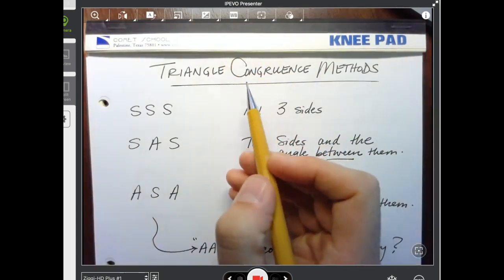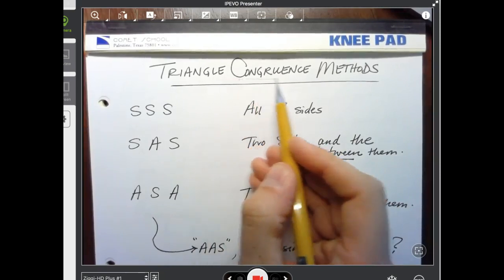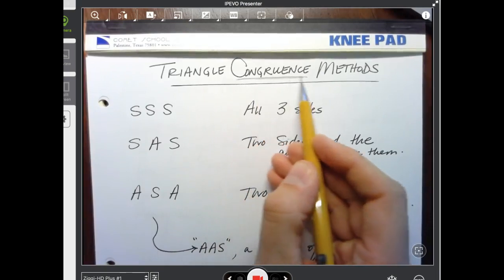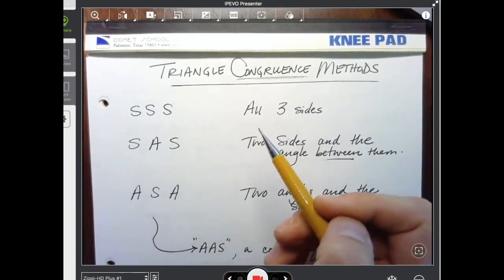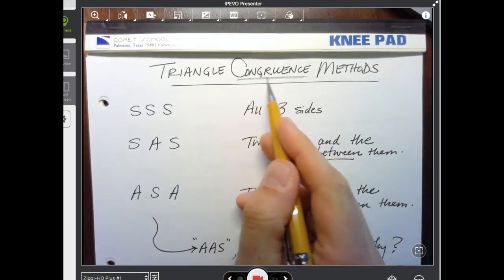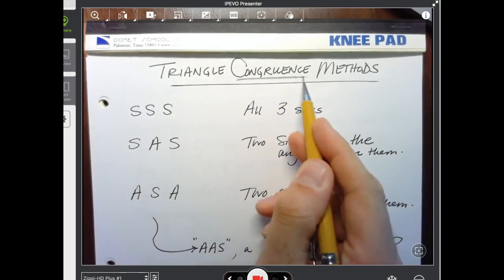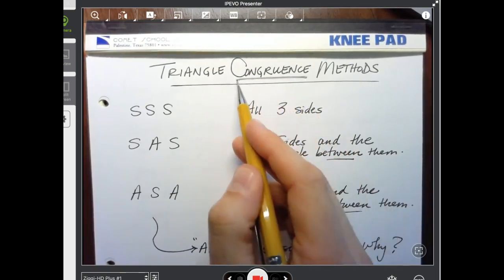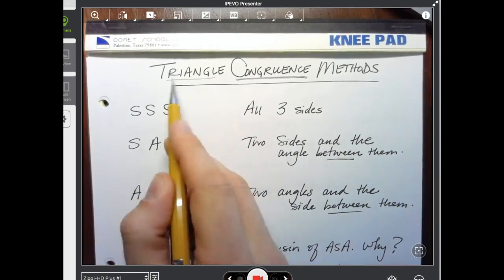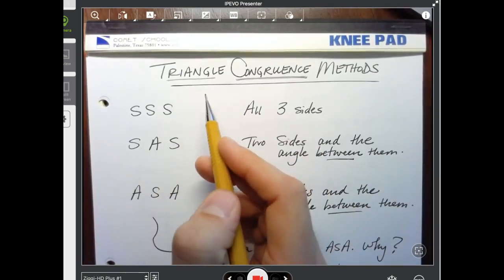So getting at this idea of equality is a little bit more nuanced in geometry, and so we use the word congruent kind of in the same way that we would use the word equal in algebra. So we're saying that these two things are congruent if they meet certain criteria that effectively make two triangles equivalent to one another.